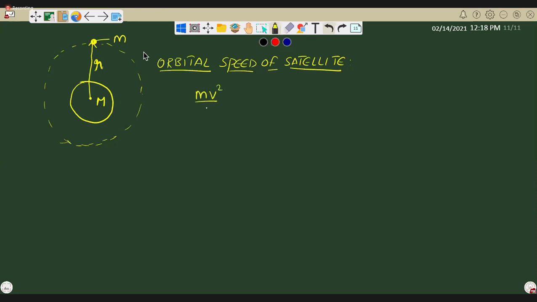So mv squared divided by r should be equal to GMm divided by r squared. The m gets cancelled. From this, v is equal to under root GM divided by r, or else, if this is your R and this is your h, it will be under root GM divided by R plus h. Understood?